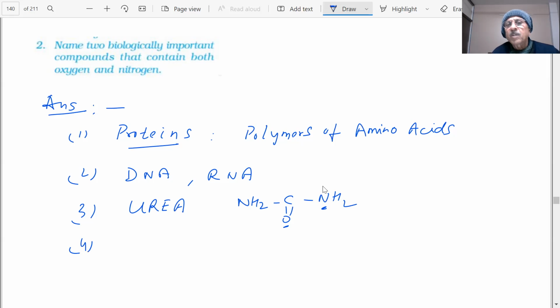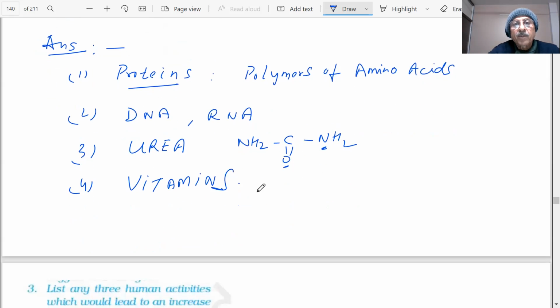There are many compounds, so many biologically important. These are biological because we are using them in the biosystem, students. There are many vitamins also, which contain oxygen and nitrogen. You will learn the names of the vitamins in the next class as you go higher. All right, students.